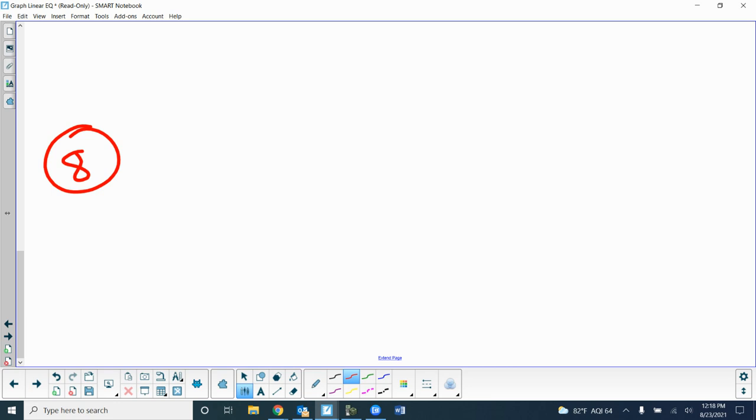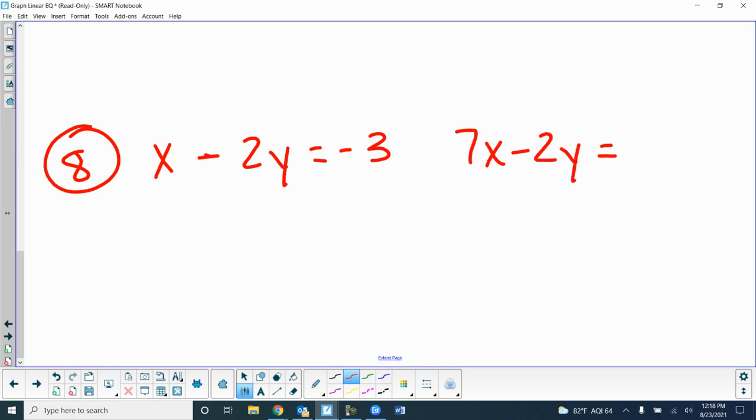So we got x minus 2y equals -3 and 7x. Okay, so since this has no number in front, no coefficient, I'm just going to add 2y and get that x by itself.